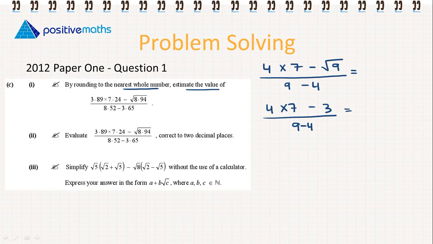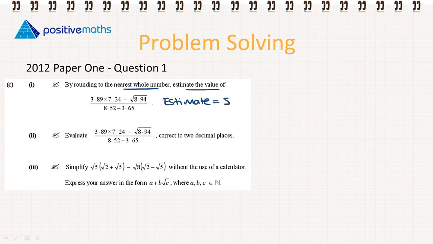So we multiply before we subtract. So the next line will be 28 minus 3 over 5, which will give us 25 over 5, which will give us 5. So our estimate is equal to 5.